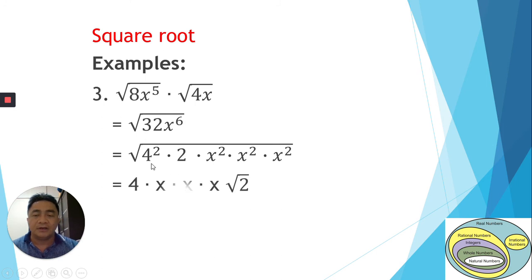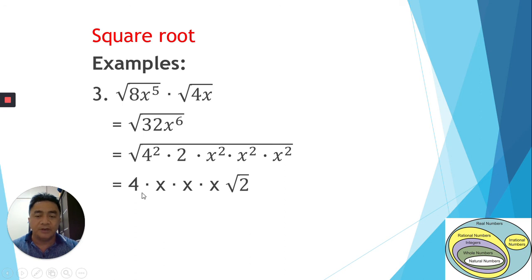So for this, it's out, this one out, this one out. But for this one that contains no power 2, it's not a perfect square, so it will still stay inside the radical sign. Only those numbers or variables having power 2, the perfect square, can be extracted out of the radical.